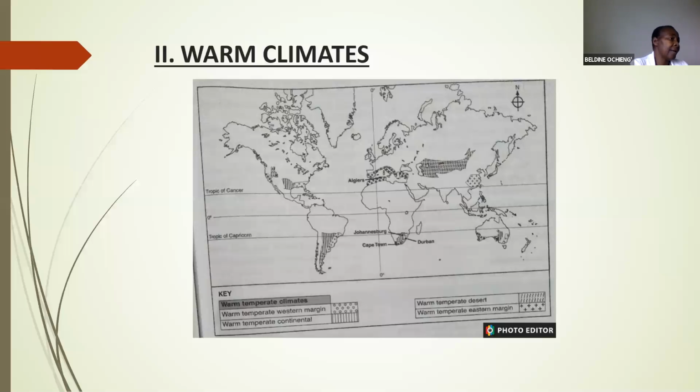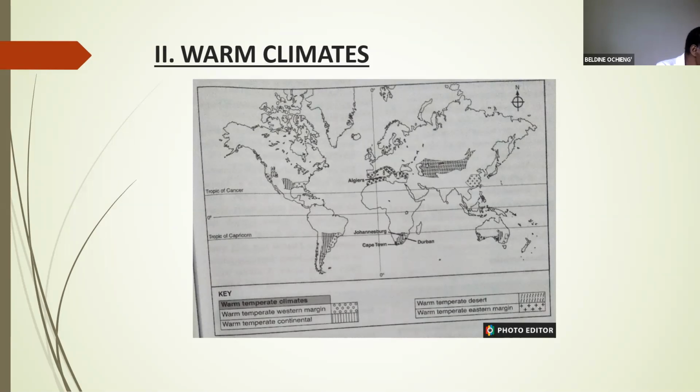This is the world map for warm climates, and we can see warm temperate western margin. You will find these symbols in the western margin of the continent.